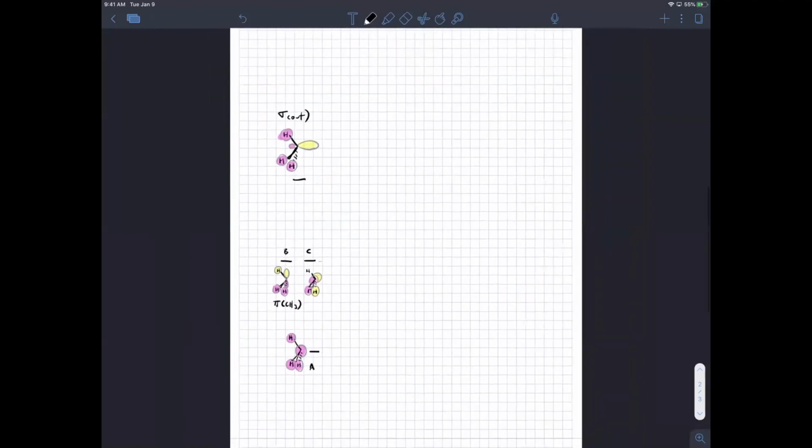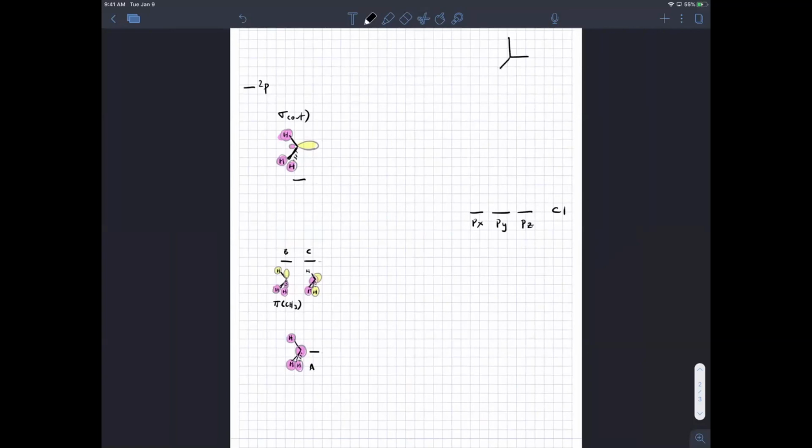So if you recall from when we were making these methyl group orbitals, the sigma out orbital is substantially lower in energy than the carbon 2p x, y, and z. We're going to put the chlorine px, py, and pz here.